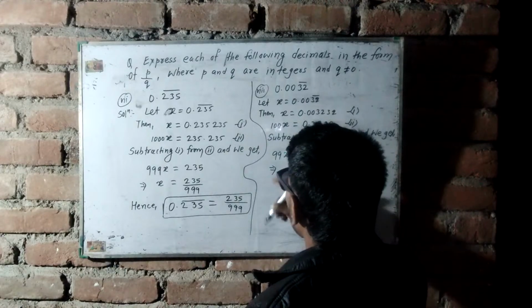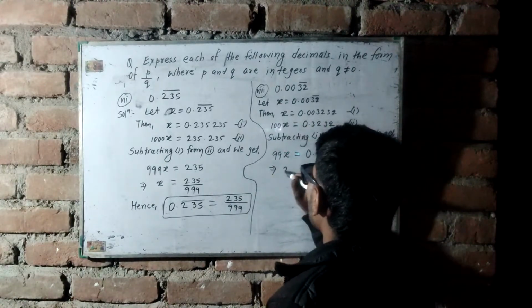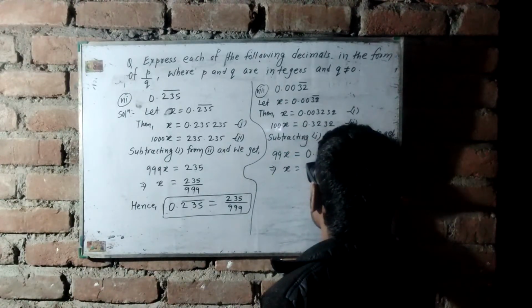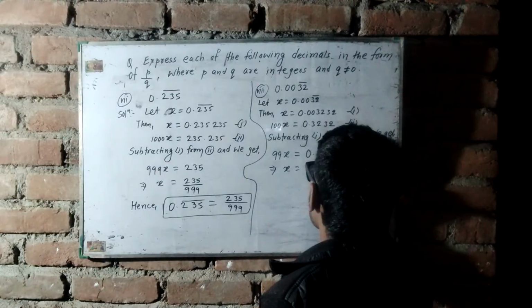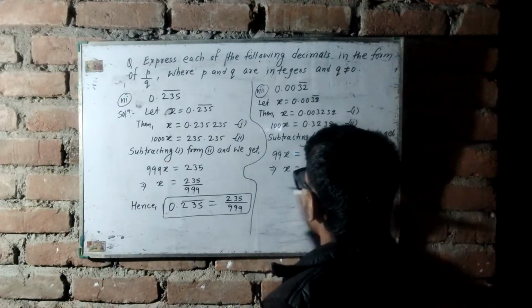Hence, this implies that x is equal to 0.32 upon 99.